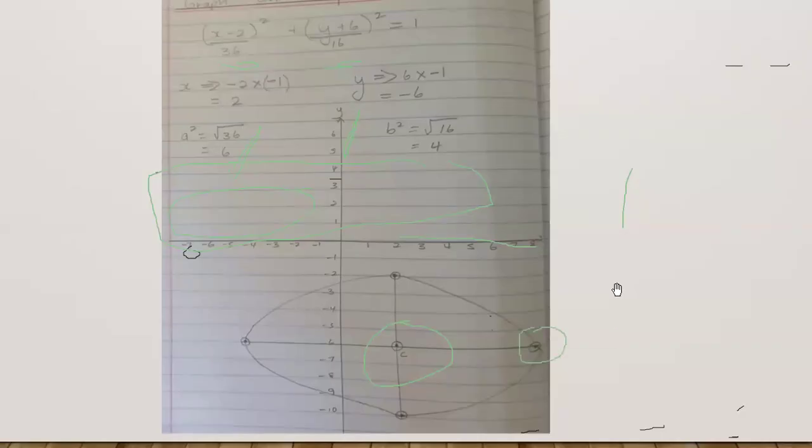Then we do the same thing to our left, and we have our next point here. Then b is 4, so we go 4 upward from the center, and then 4 downward from the center. Then we connect the points, and there we graph our ellipse from the equation.